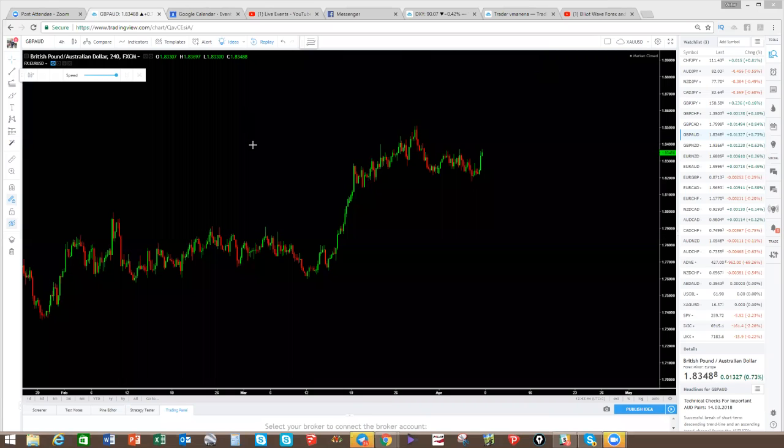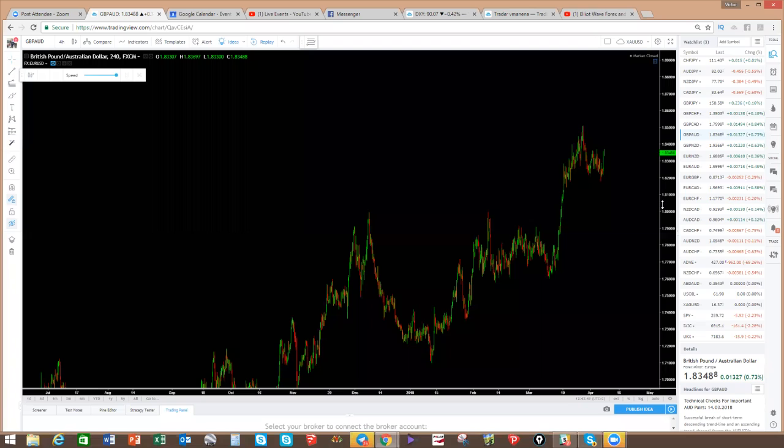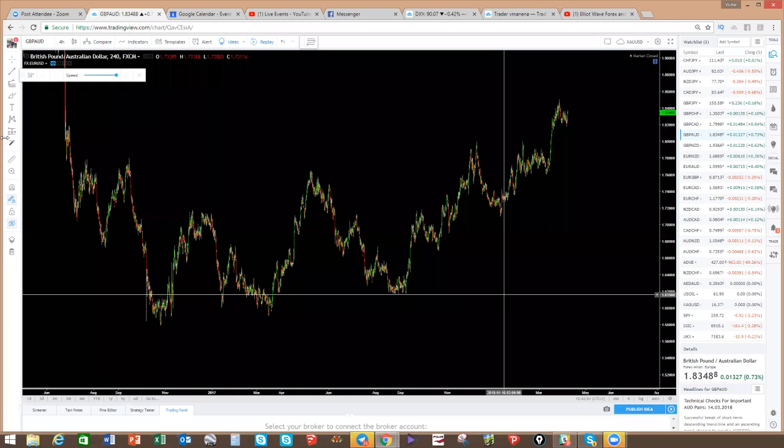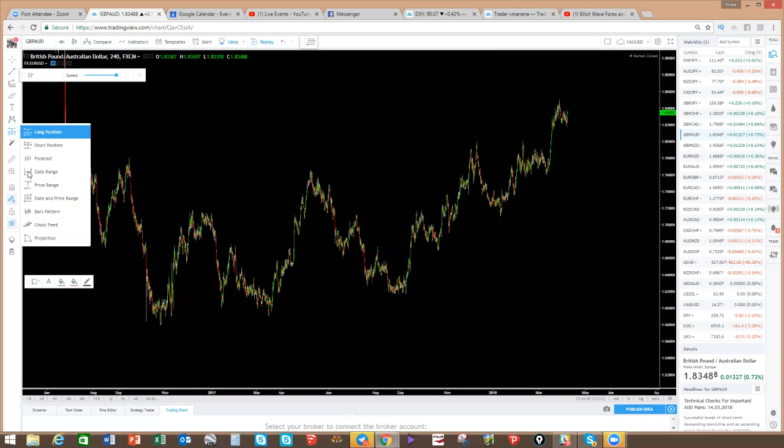So looking at pound AUD, now I can show you this with a bars pattern. Let's just show you the previous move that played out and show you how this bars pattern tool can help you focus.